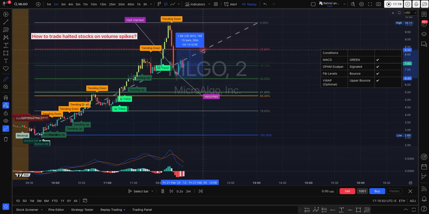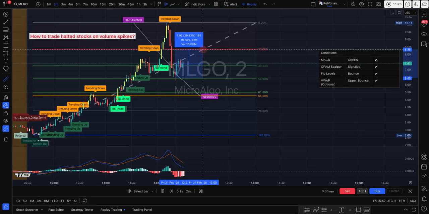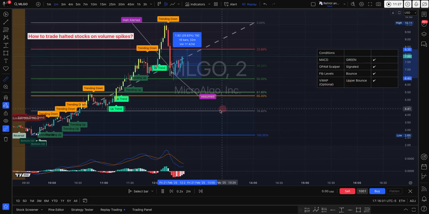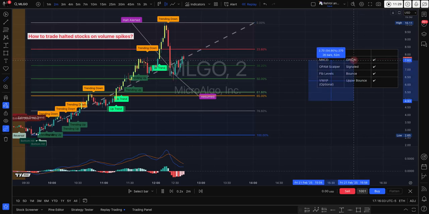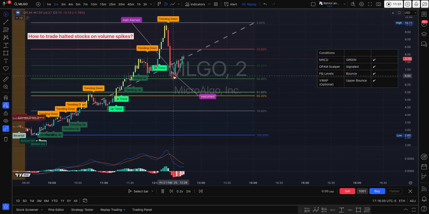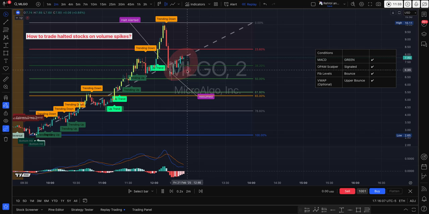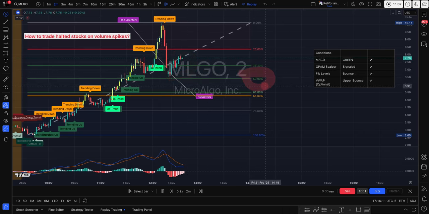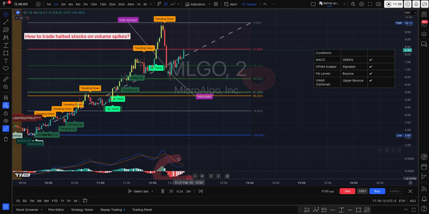It could probably go and hit here, which will get me about 29%. But nothing confirms my conditions right now. There are no signals. Only fib levels are getting hit and bouncing. No MACDs, no scalpers.